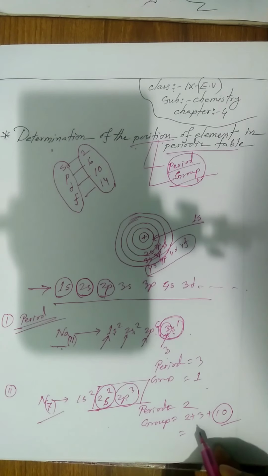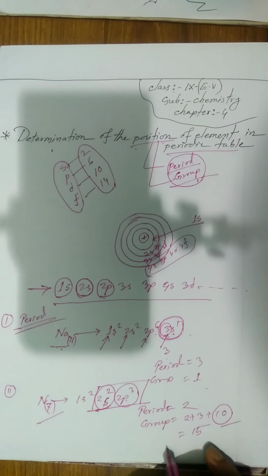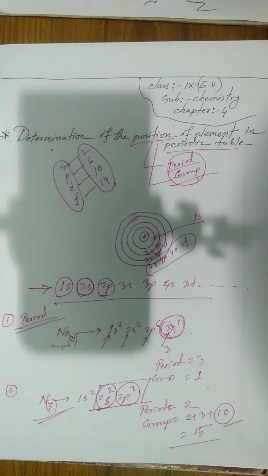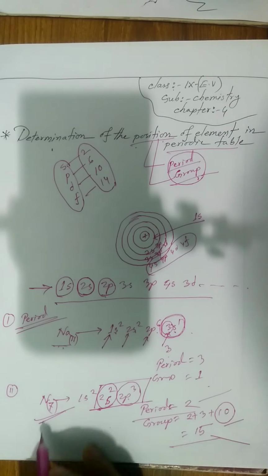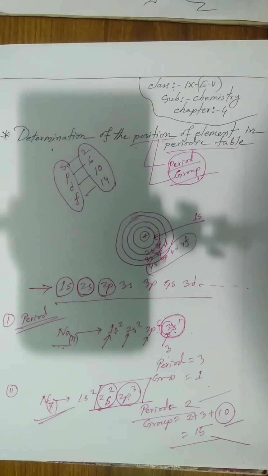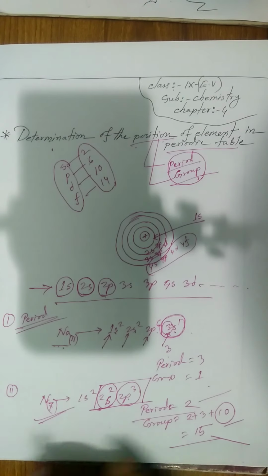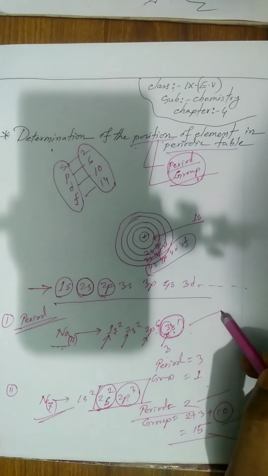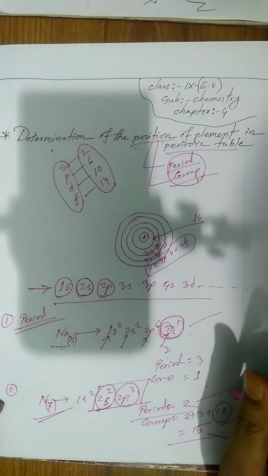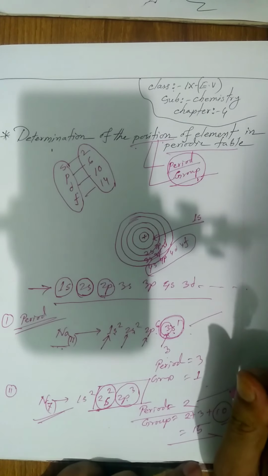So the total is 15. That means the group number of nitrogen is 15. So the period number is 2 and the group number is 15. This is the position of nitrogen in the periodic table. The first one was for the s block and the second one for the p block.